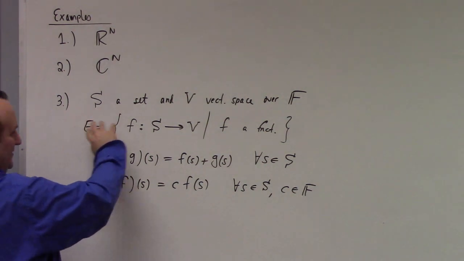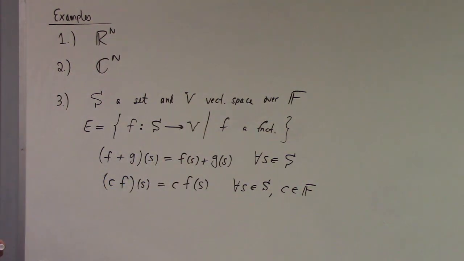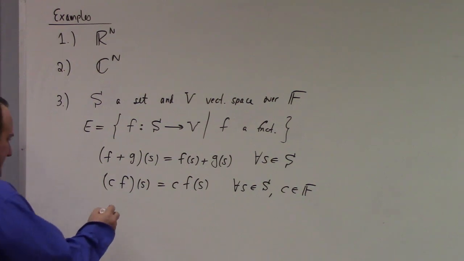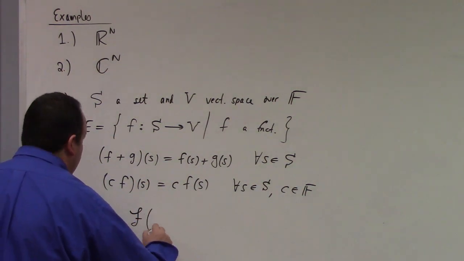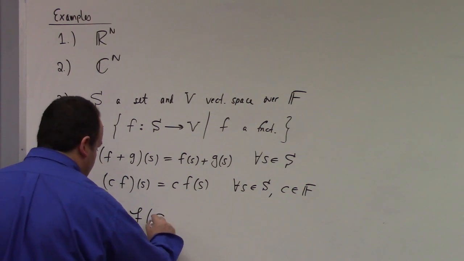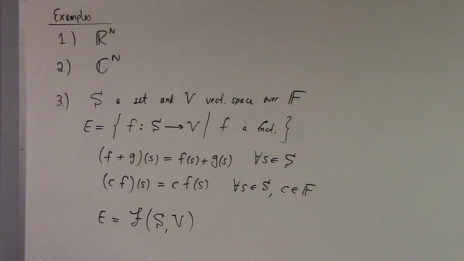I said E is the thing we're defining, and he put his E here. I don't think he even gave a name to the thing. If I want an abstract name for this, I'll say E is like functions from S to V. So sometimes I'll use that notation. Wait, he's calling the zero just a constant function? Yeah, 0 is the constant function. That's right. All right, so moving on here.